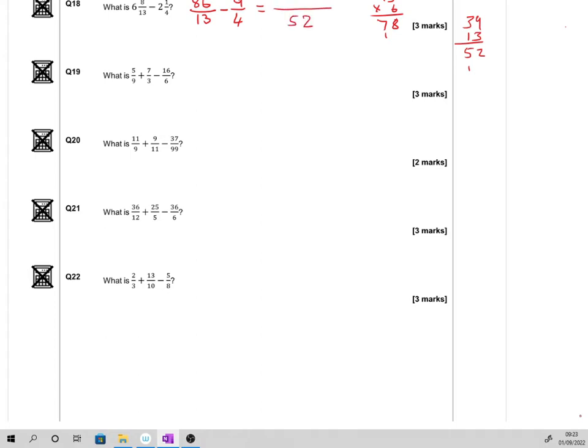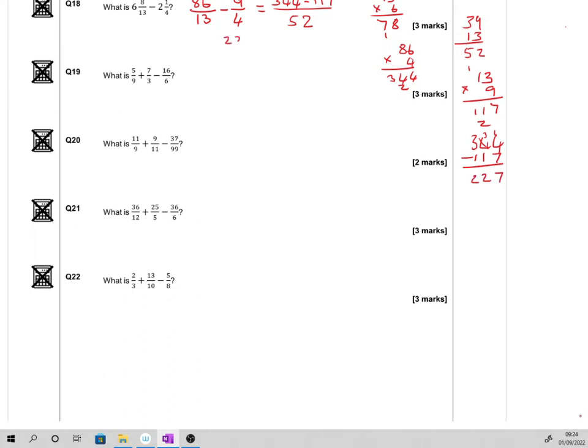4 times 86. 86 times 4. 4 sixes are 24. 4 eights are 32, 34. So I've got 344, and 9 times 13. 3 nines are 27, and 1 9, 10, 11. Minus 117. Okay, 344 minus 117 is 227.